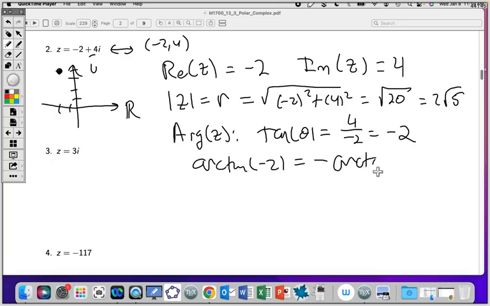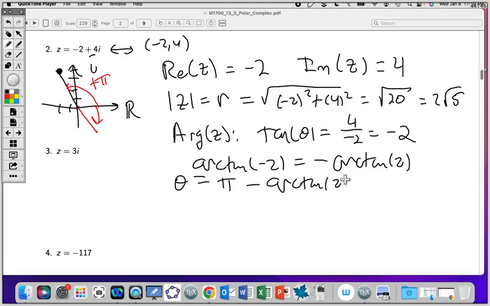That would be negative arc tangent of 2, which would be this angle down here. I need the one that's in quadrant 2, so I would need to add pi to that to get it over to quadrant 2. So theta would be pi minus the arc tangent of 2. That would give me my argument, because that would be an angle between minus pi and pi. So that's my principal argument.